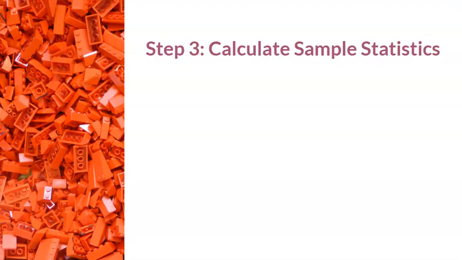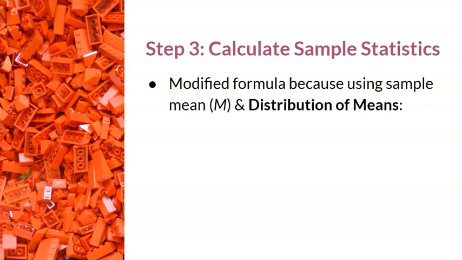Step 3, the red Lego, is to collect data and calculate sample statistics. Step 3 involves math and corresponding formulas. The only modifications for a Z-test occur here in Step 3. We will use a modified formula because we are using a sample mean now and the distribution of means.